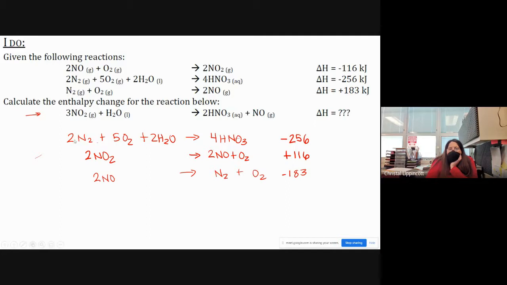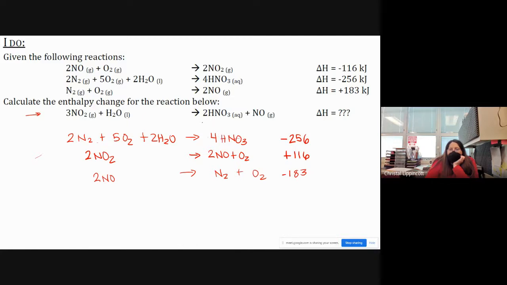I can either take this guy and divide everything here by 2, or I could multiply everything by like 5. Let's just divide this by 2. Yes, we're going to have fractions. Get over yourselves. I'm going to take everything here and divide by 2.